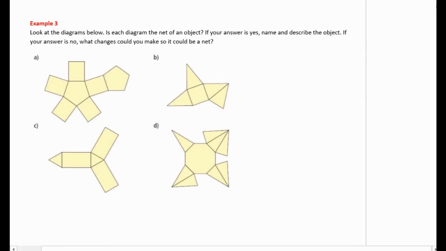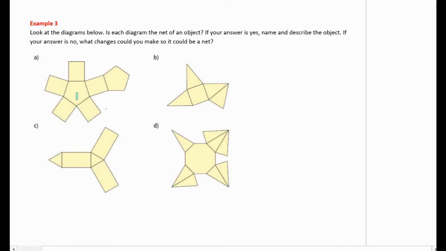Example 3. Look at the diagram below. Is each diagram the net of an object? If your answer is yes, name and describe the object. If your answer is no, what changes could you make so it could be a net? Look at this. Is this a net of an object?